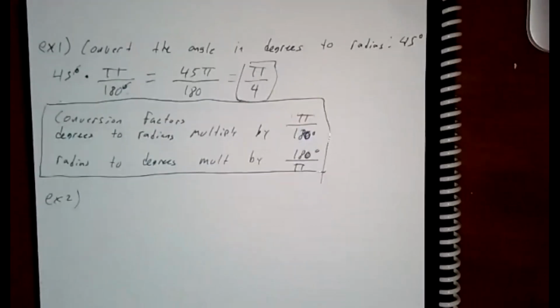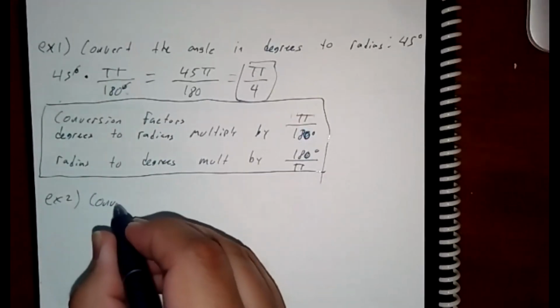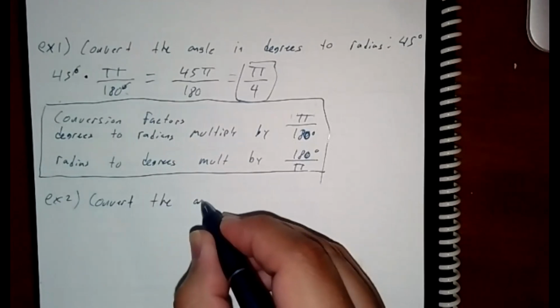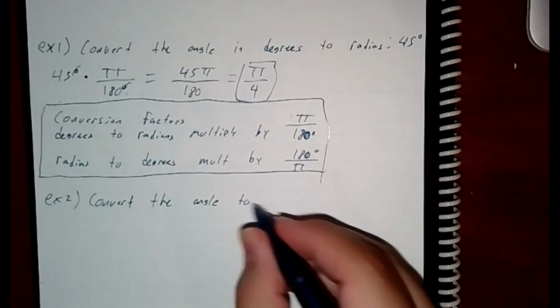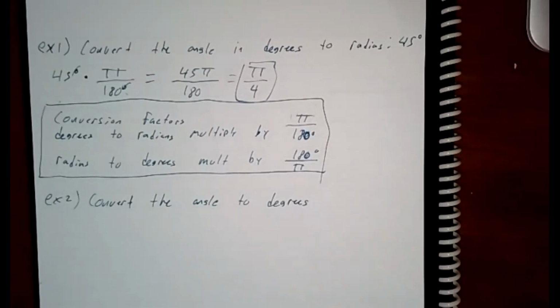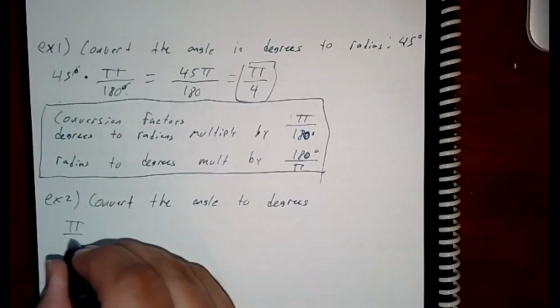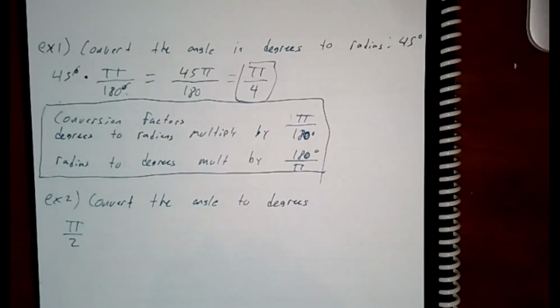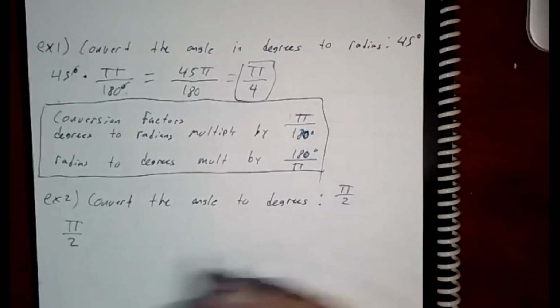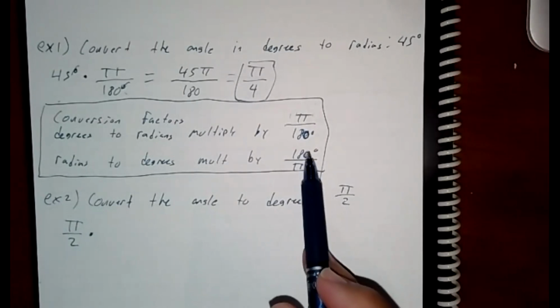Example 2, convert the angle to degrees. So pi over 2 changes into degrees. So multiply by 180 degrees over pi.